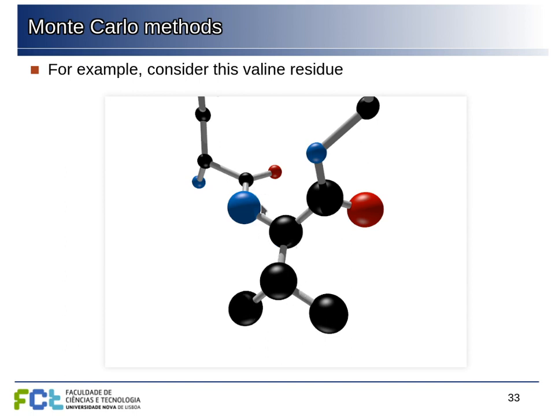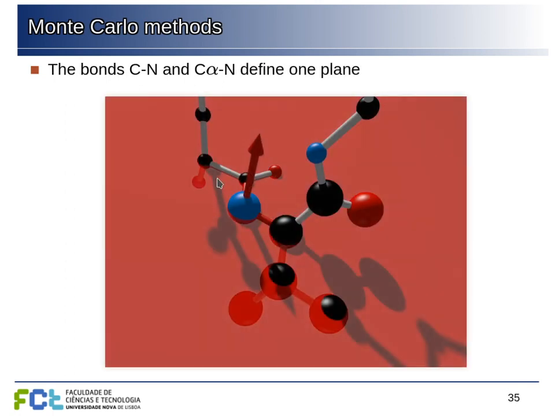So let's consider these 3 atoms here first, centered on the nitrogen. So we have these 2 bonds here, and we can consider a plane formed by these 3 atoms. So if we take these 2 vectors which correspond to these bonds and compute the cross product, we obtain a perpendicular vector here, centered on the nitrogen. We can do the same thing for these 3 atoms here.